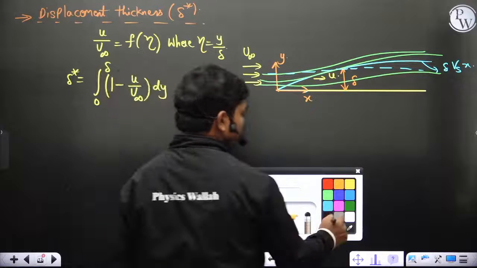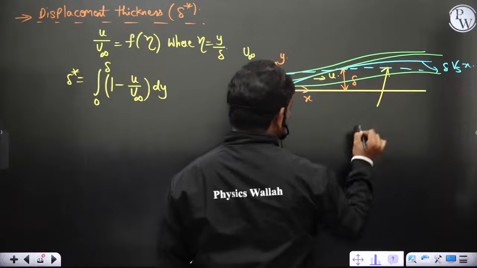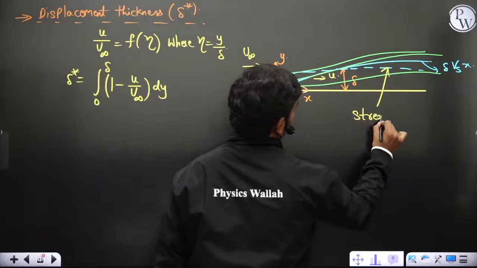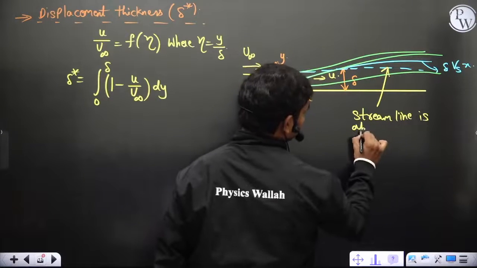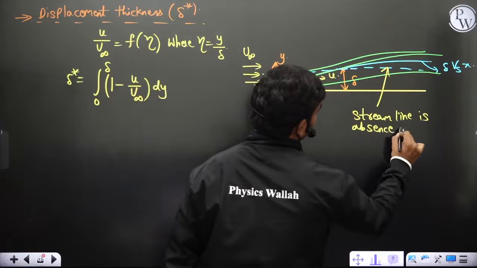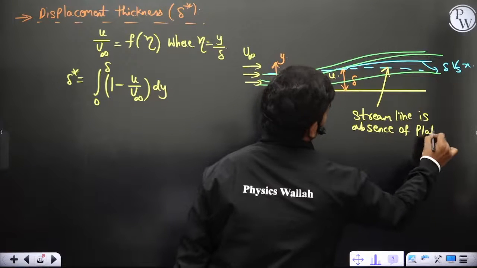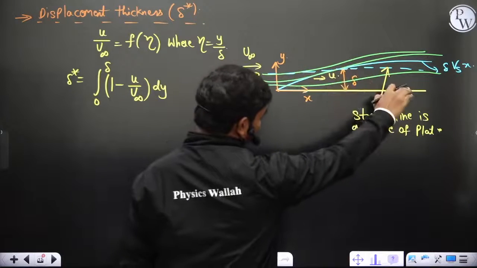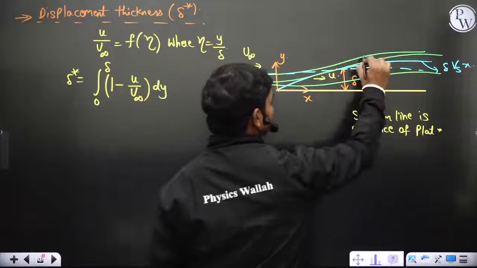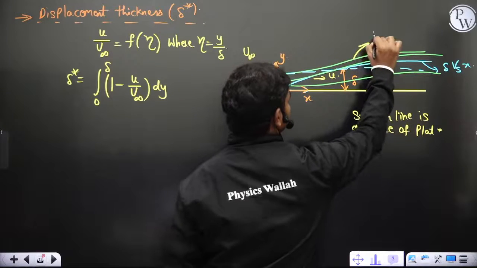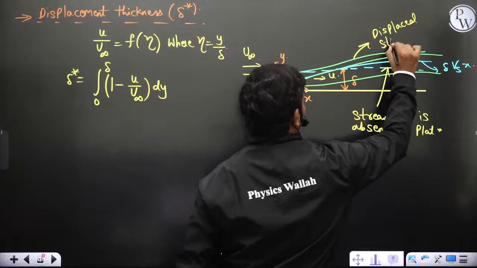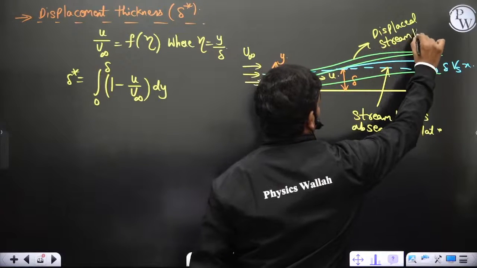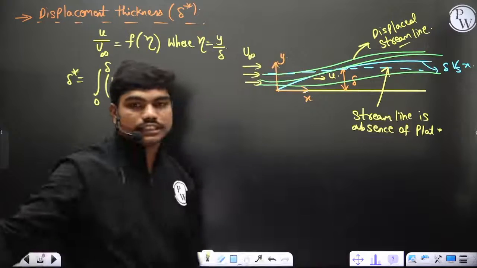So this is the streamline in absence of the plate. Now the actual streamline, which is supposed to be like this, got displaced, yes or no? So this is the displaced streamline because of the plate.